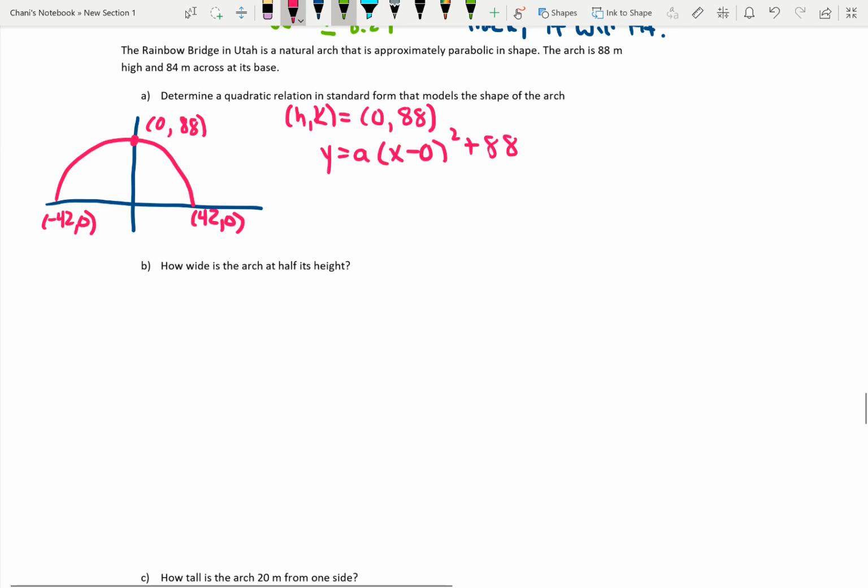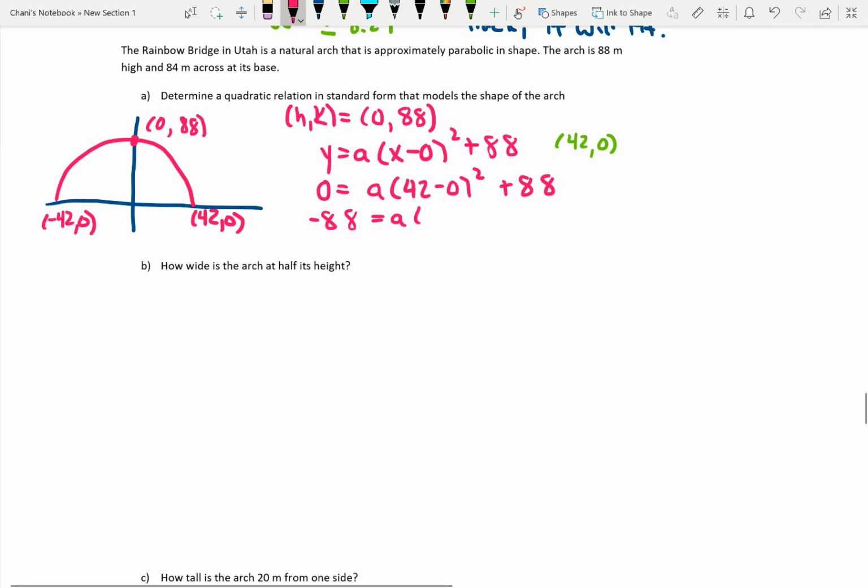And then I can sub in another point. So I'm going to sub in 42, 0 to solve for a. So I get 0 equals a times (42 minus 0) squared plus 88. Okay, so now I need to isolate a. So I move the 88 to the other side.